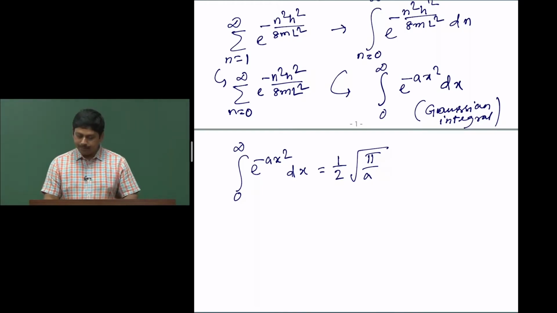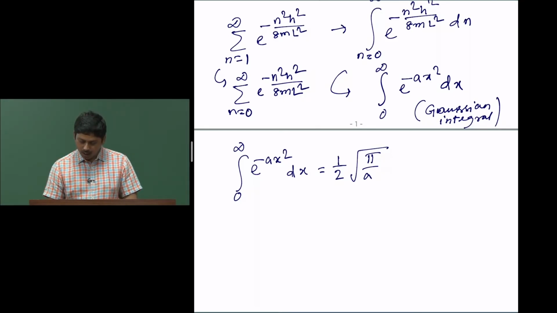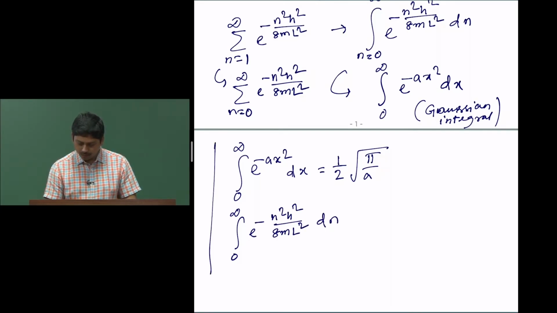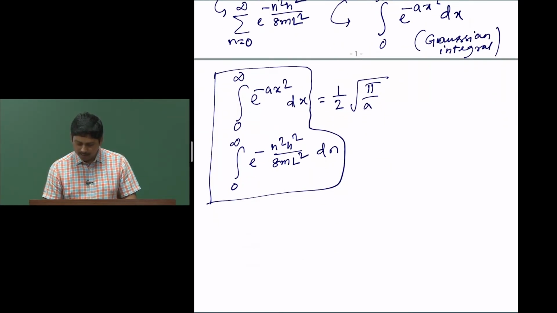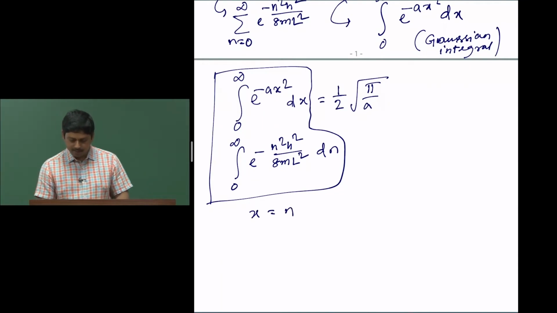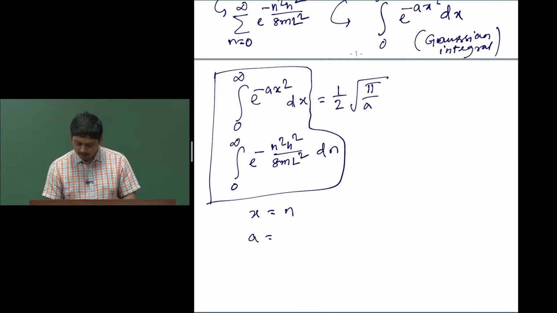Now, once we do that, what is our a here? If I compare this equation with this equation, I see that my x is like n and my a is h square by 8 m l square.